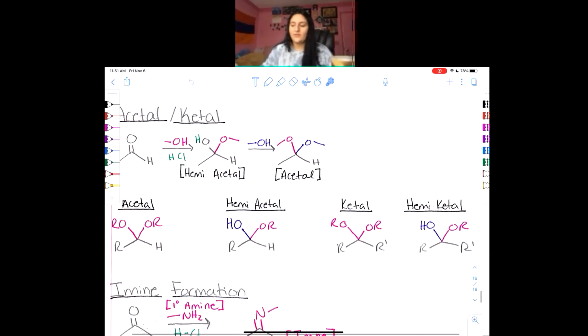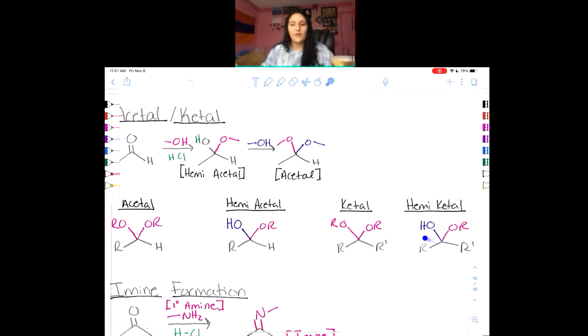And so now I have also drawn out a summary of acetal, ketol, hemiacetal, hemiketol. If there are two OR groups, an R and an H, that would be our acetal. If there's an R group, an H, an OH, and an OR, that's going to be the hemiacetal. Similarly, if we have two R groups and two OR groups, that's the ketol.